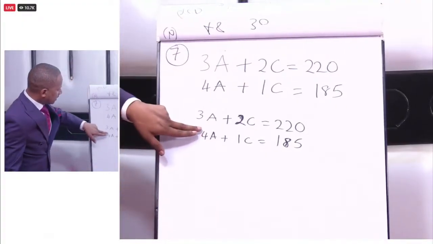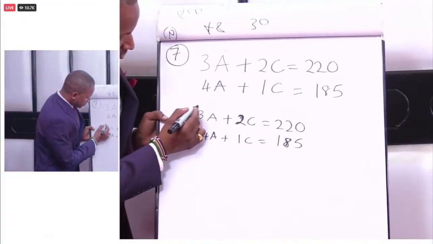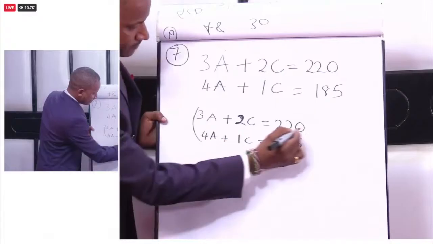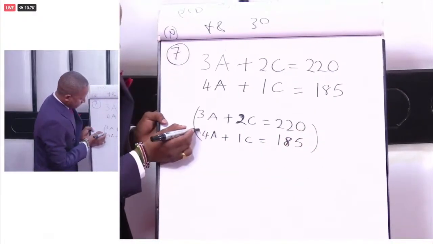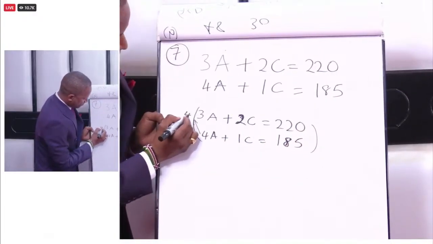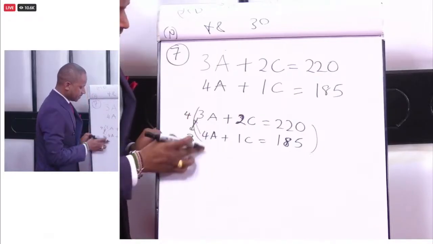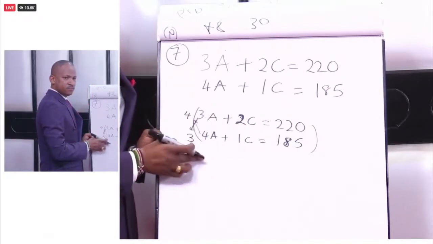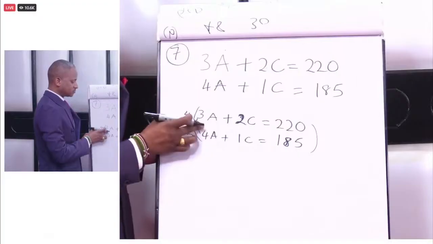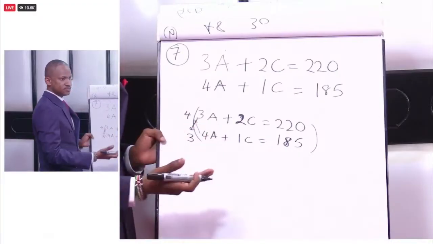Now, by using the elimination method, you multiply the upper one by 4 and the lower one by 3, because we want to make A the same. We want to eliminate A so that when we subtract, we get 0.